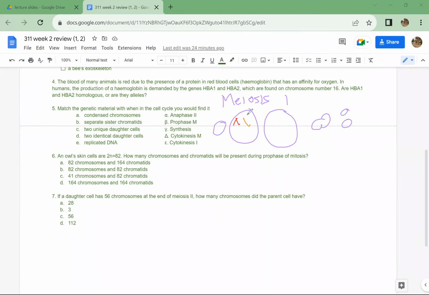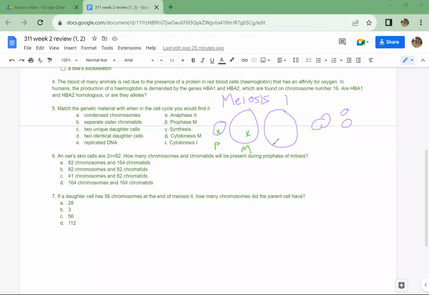So let's say we have these reddish orangish colors, they're homologous to each other. Then we have 2 green chromosomes who are homologous to each other. Actually, no, that is metaphase, so I'm going to draw it that way. We have our green chromosome in prophase, metaphase.